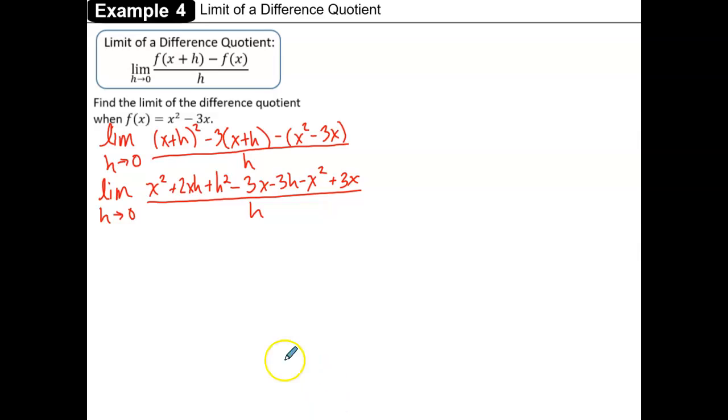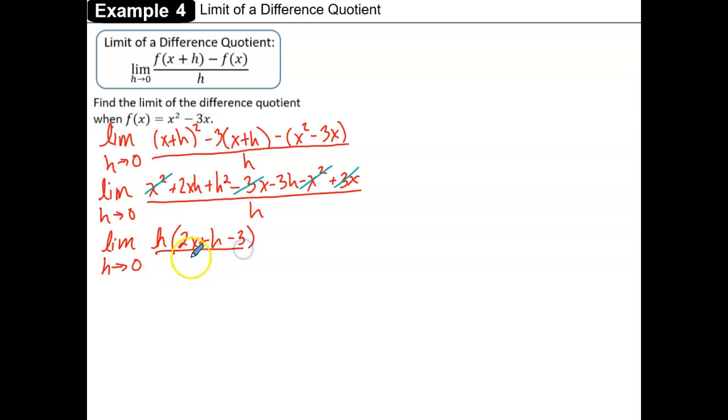And we can see that the x squared term and the negative x squared terms cancel. Negative 3x and positive 3x, those terms cancel, and we'll have the limit as h approaches 0. And in the numerator, 2xh, h squared, and negative 3h all have a greatest common factor of h that I can pull to the front, leaving the quantity 2x plus h minus 3.